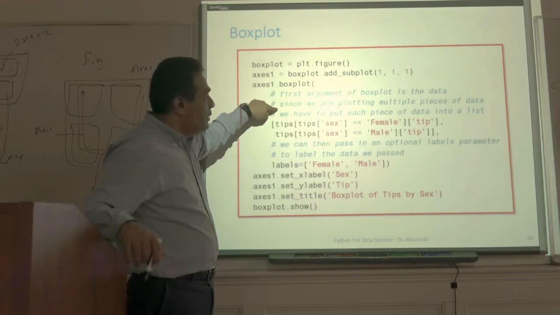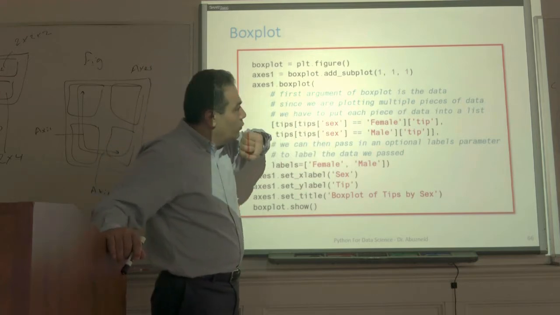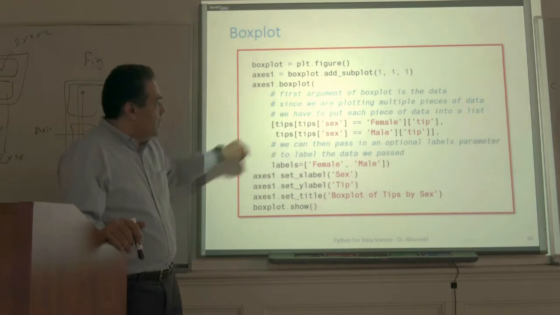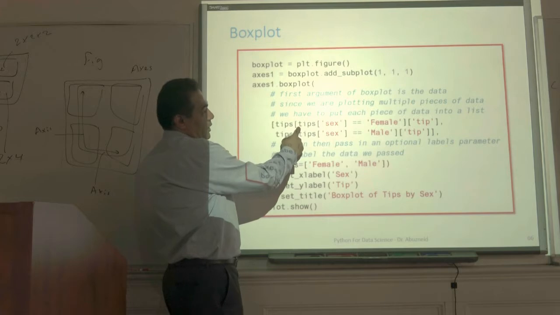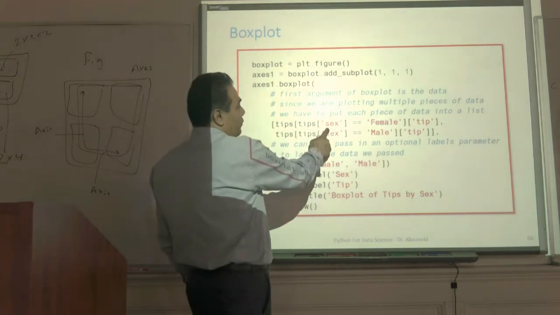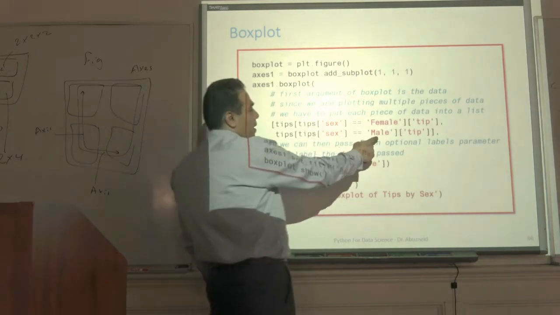Since we are plotting multiple pieces of data, we have to put each piece of data into a list. So for example, in here, tips where the gender equals female. That's for the female, and that's for the male.